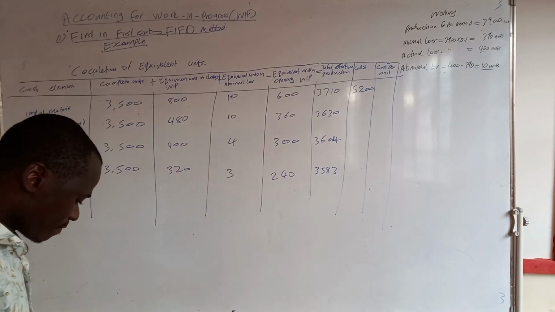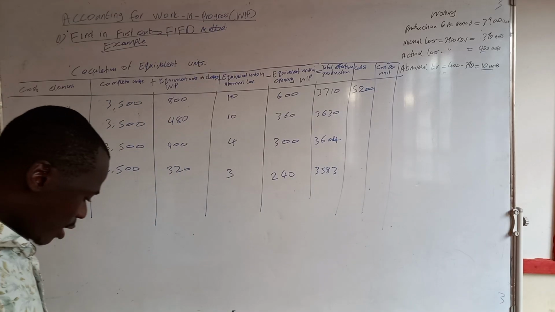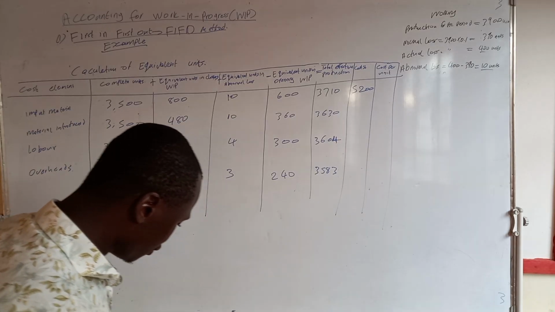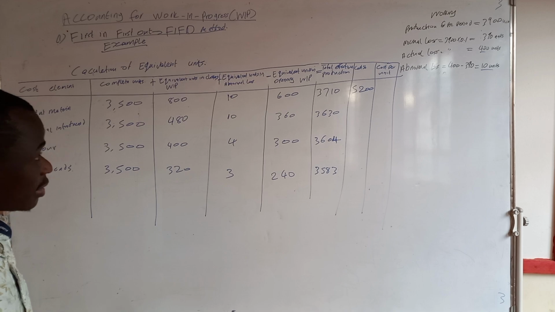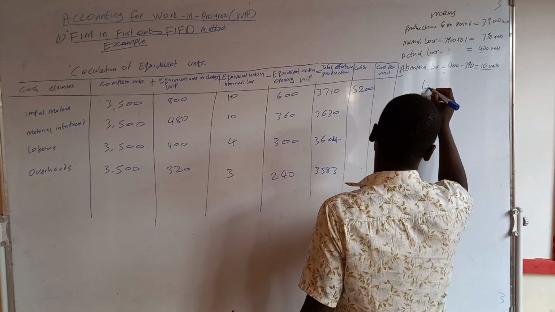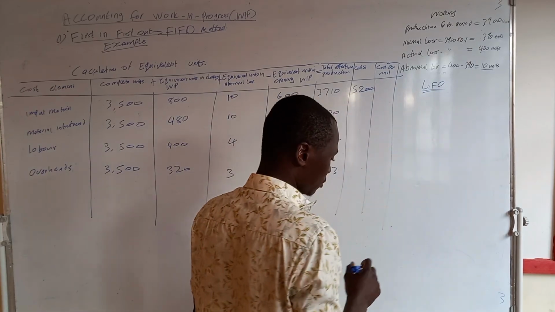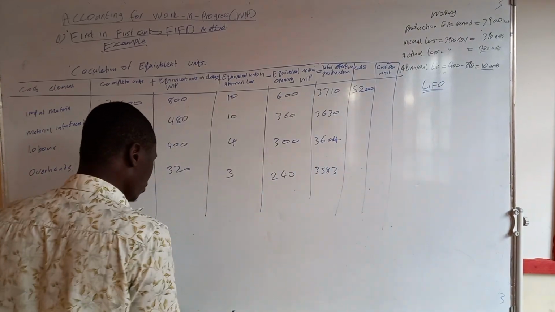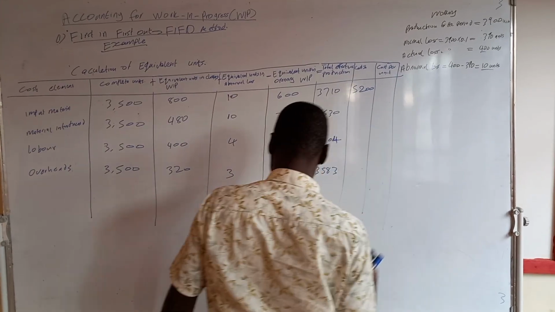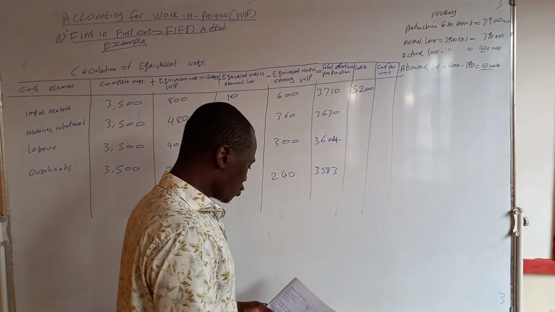Then we have material introduced. Material introduced for the period was 2,956. Remember, we are using what you call FIFO.